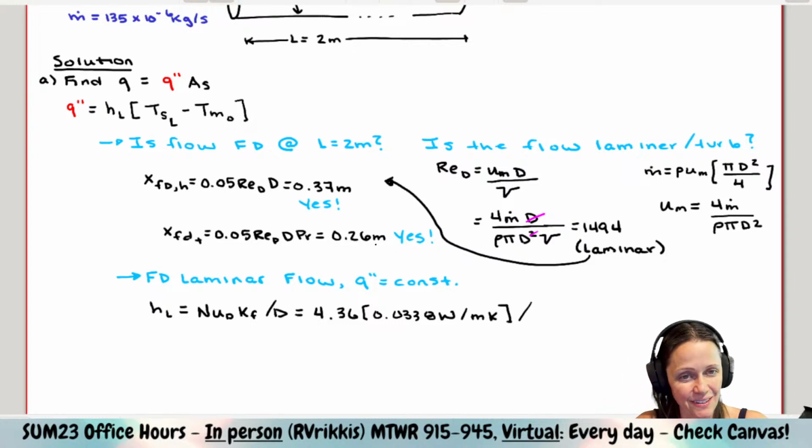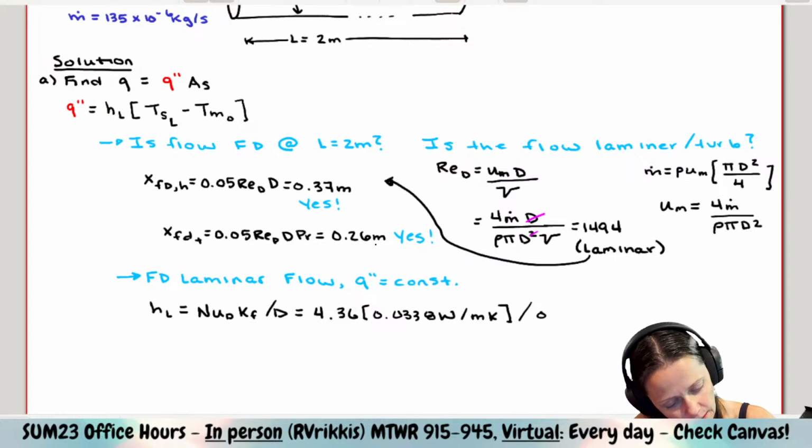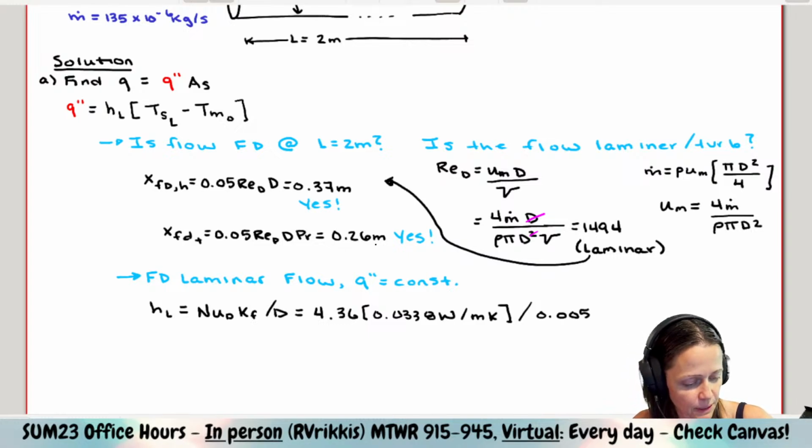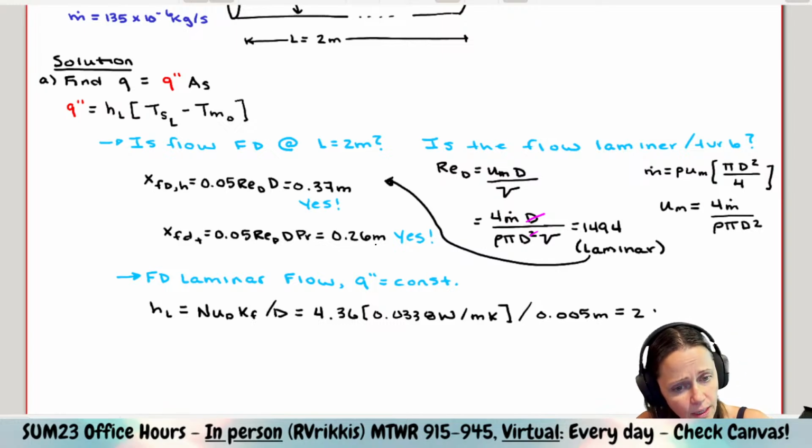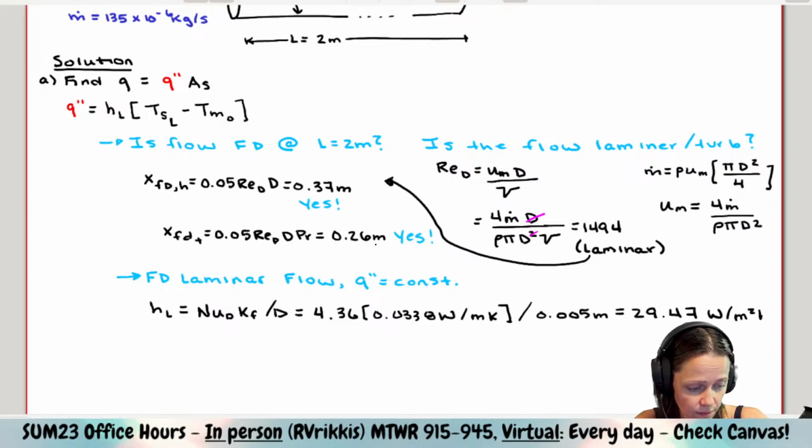And then this is all divided by the diameter, which was 0.005 meters. All right, so I end up getting a value of 29.47 watts per meter squared Kelvin.